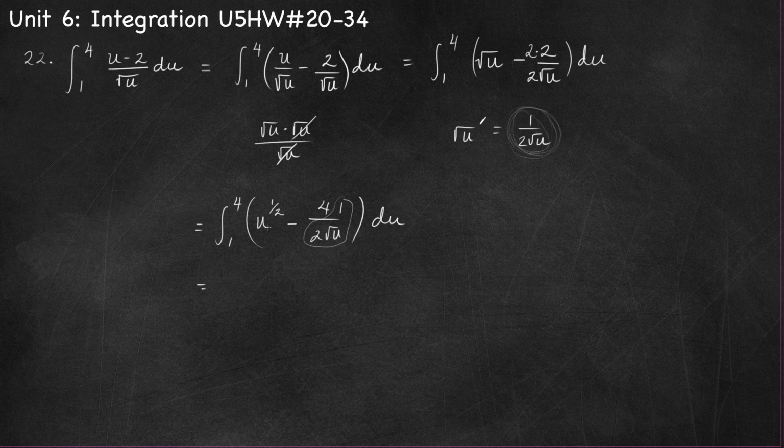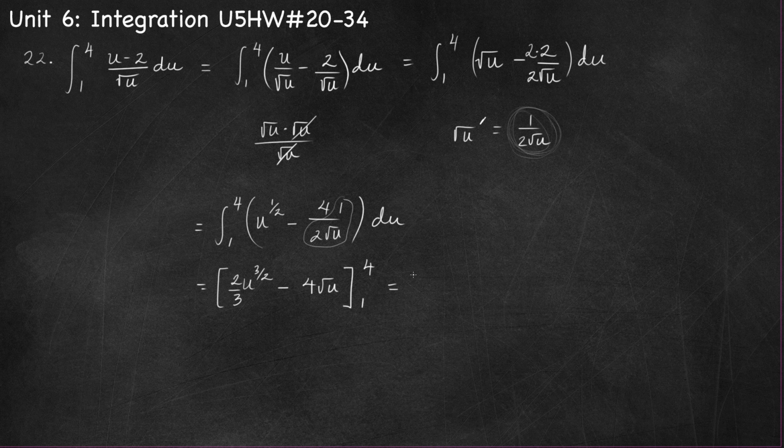So the antiderivative for u to the 1/2 is u to the 3/2 divided by 3/2, which is the same as multiplying by 2/3. Minus 4 is a constant multiple, and then the antiderivative of 1 over 2 root u is just root u. And we're going to evaluate that from 1 to 4.